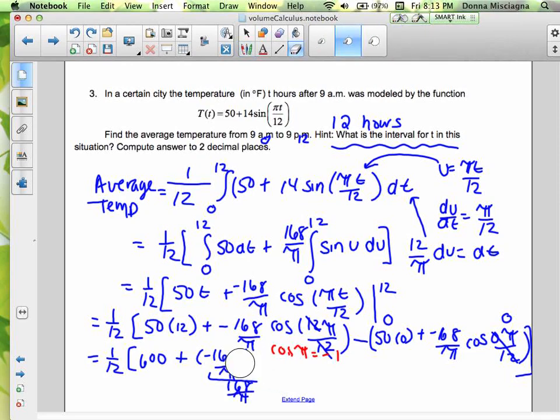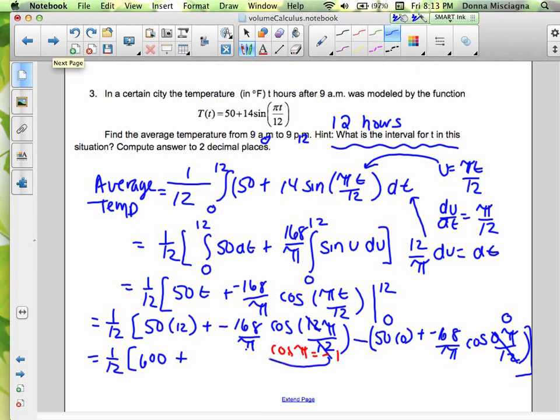Actually that looks messy, so if you're okay, we're just going to replace that cosine pi part. All of this is just negative 1. So let's just plug in the negative 1 down here. Negative 168 times the negative 1 is going to be positive. Everyone okay if I just do that so I don't have to extend this page too much? That's a pretty easy thing to understand, I think. Then we have 0, no point in writing that.